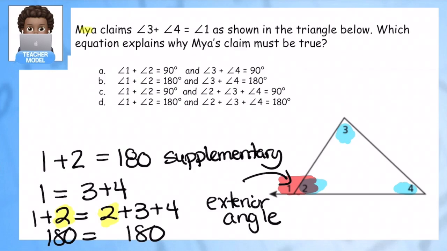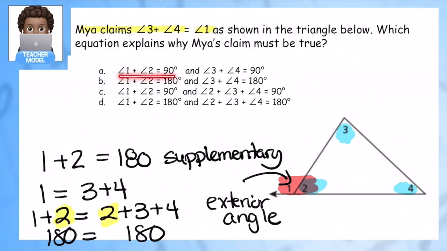Maya claims that angles 3 plus 4 are equal to 1. Okay, so she's claiming the same thing. 3 and 4 are equal to 1. Which equation explains why Maya's claim must be true? So let's look through each one and see if it's true, or both sentences have to be true, or we can eliminate. Okay, well, the first one.